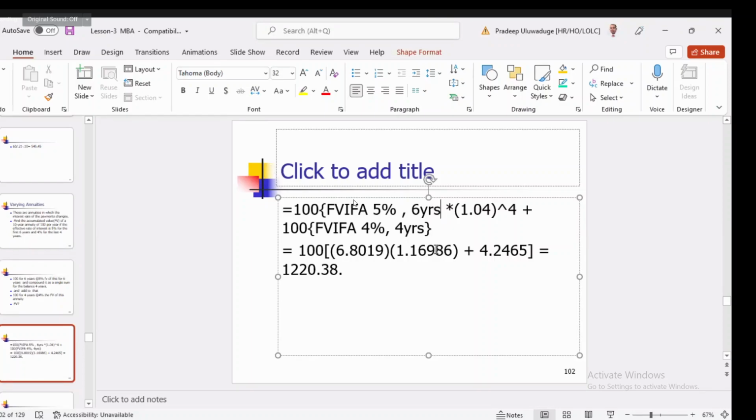To effect that, we multiply it by this figure, right? And the second, from the 6th year, you start another annuity, the same annuity at a different interest rate, that is 100 rupees at 4% for 4 years. You calculate it, yes, 100 here. This is the factor, right? And you add all that together.